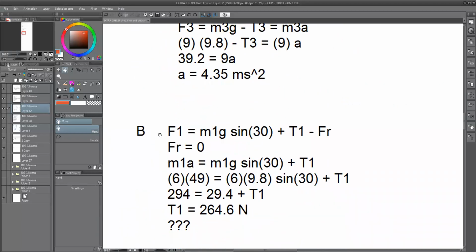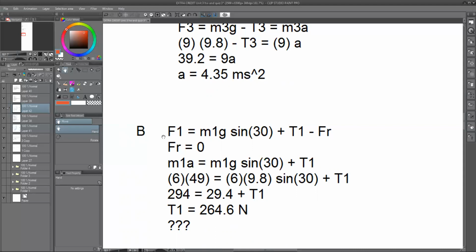And then for part B, in order to find the tension of the string that is holding up the block, I know that the force of just the first block would be equal to m1 g sine of theta plus T1 minus friction. We know that friction is 0, so we can cross that out.